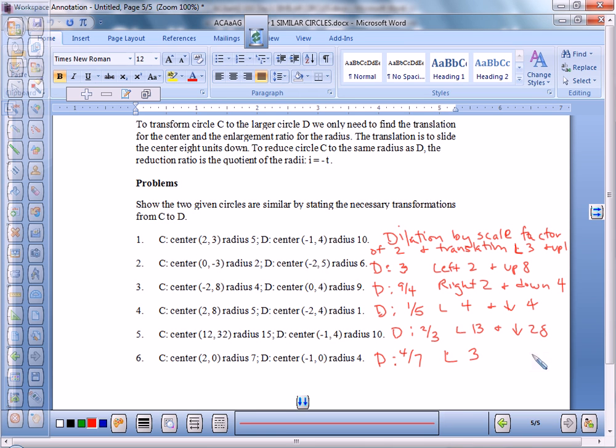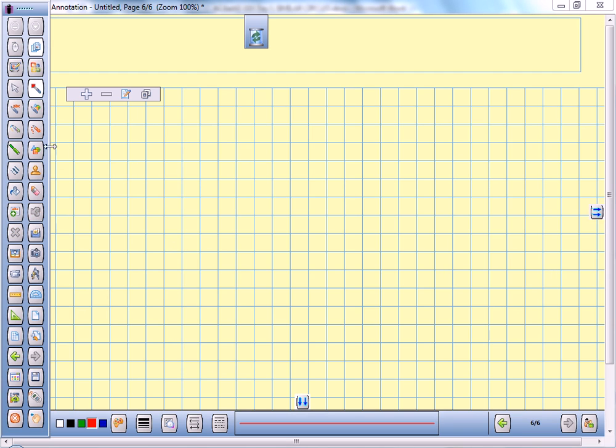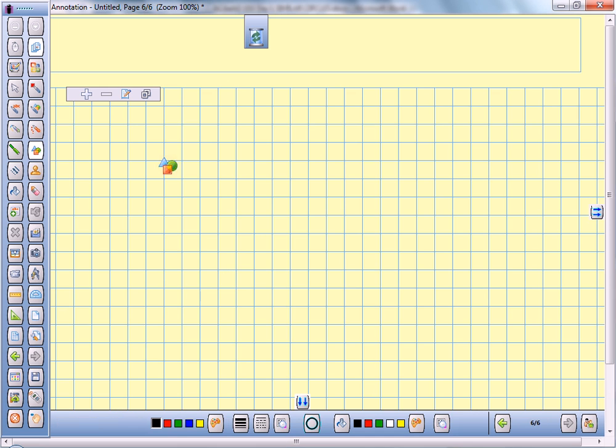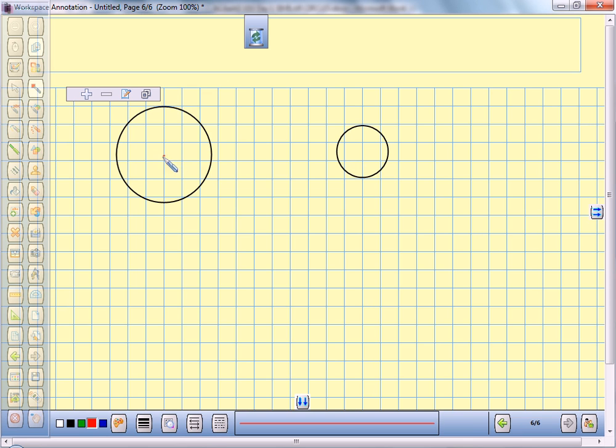Algebraically, if we looked at any 2 circles, they are similar. To show that they're similar, we could do something as simple as this. I'm going to put in radii that aren't perfect. That's bad.